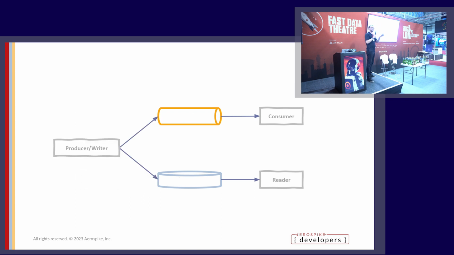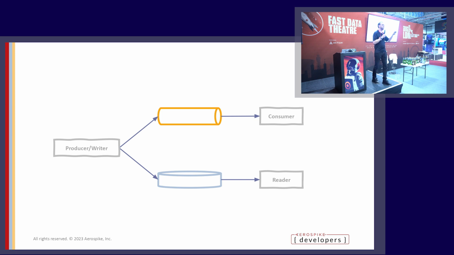We discussed this in the previous talk: you can have producers and writers writing into the database and into the stream at the same time, and then you can have consumers and readers from the database. In the previous talk we talked about real-time analysis and batch, but a reader is not necessarily a batch. A reader can be just a lookup that is even used by the consumer.